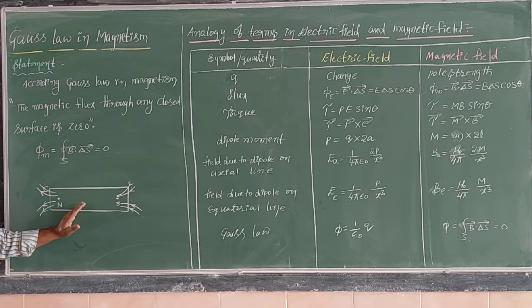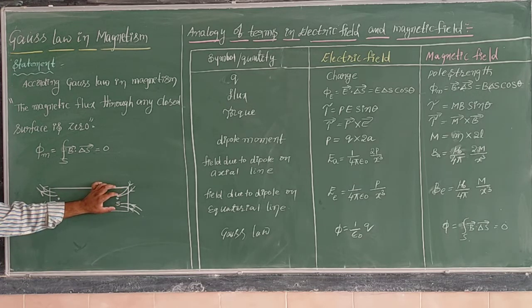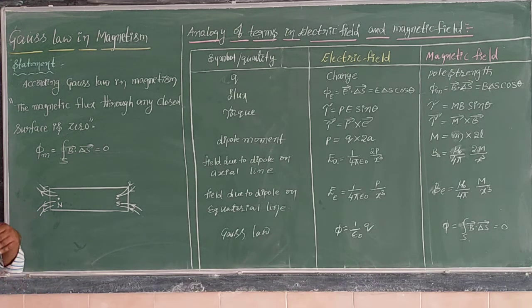Because of this, within the closed surface, entering lines and exiting lines are equal in magnitude, opposite in direction. That means, how much water is entering the pot is equal to how much water is going out from the pot. Then the total water stored in the pot is zero.